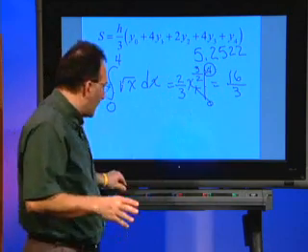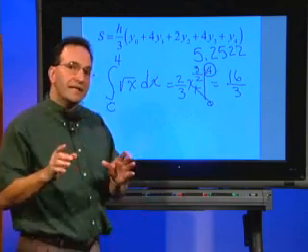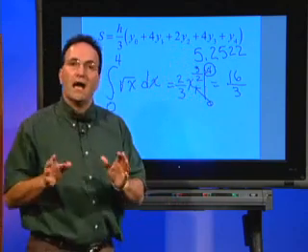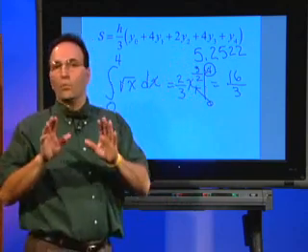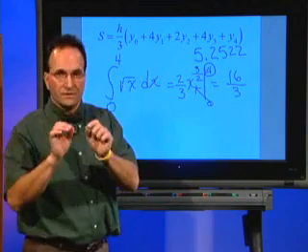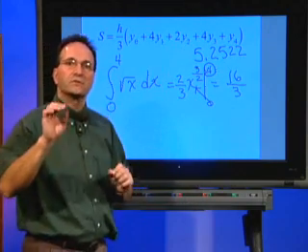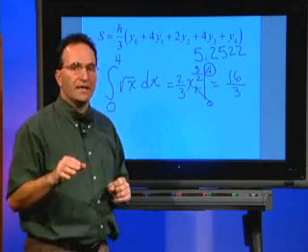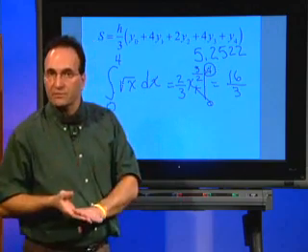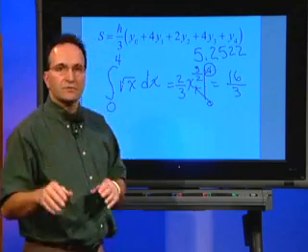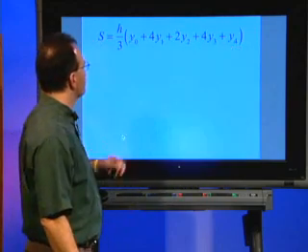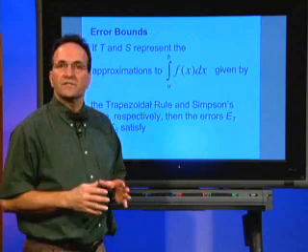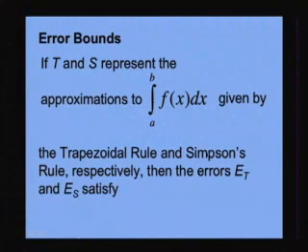But now, these are just approximations, which means, as we can see, there's some error involved. And what mathematicians like to do, of course, is evaluate how that error is working. So let's look at the formulas that will help us to calculate the error for both the trapezoidal and Simpson's rules. We refer to these as error bounds. Okay?